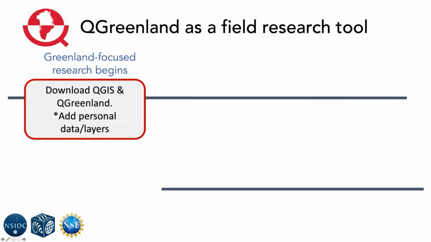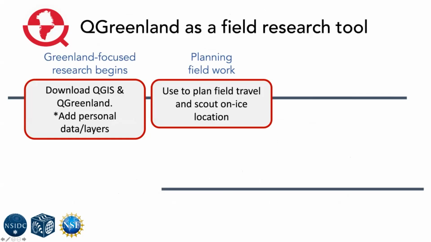You are a geoscientist preparing for your first research project, including work in Greenland. You're going to start by installing QGIS and downloading QGreenland, taking time to explore what is available in QGreenland and even adding your own data layers. QGreenland provides a geospatial foundation to plan field travel and scout local and regional environments.